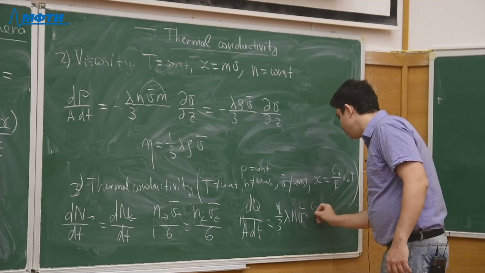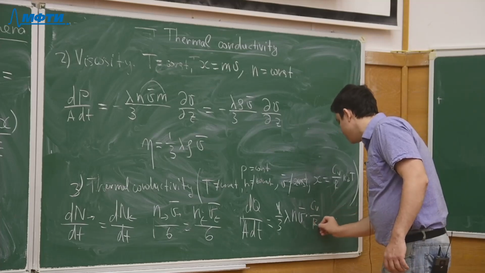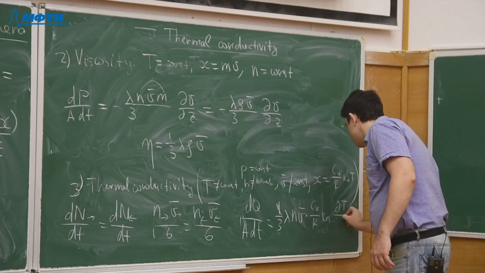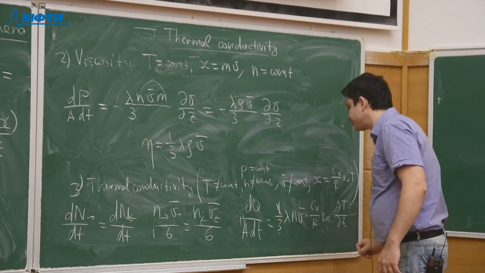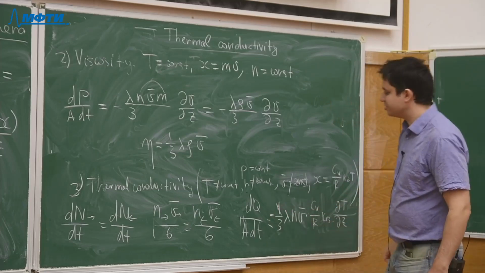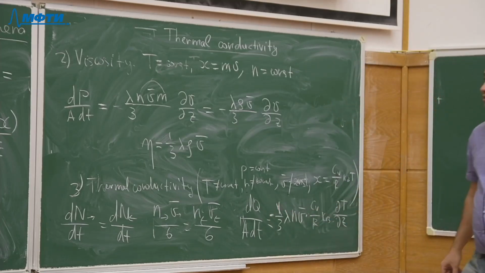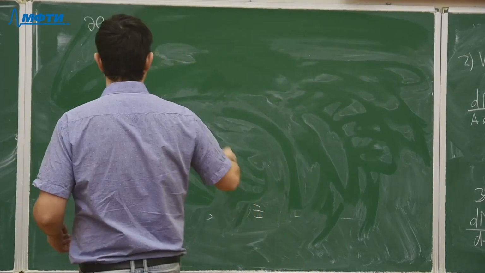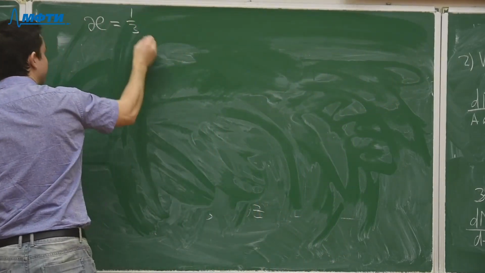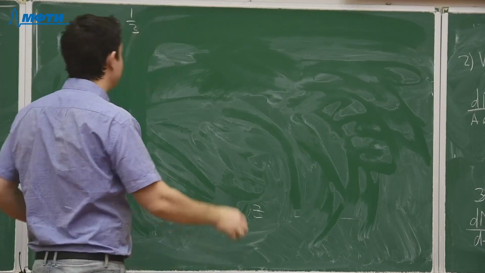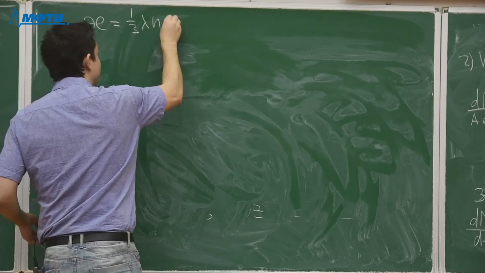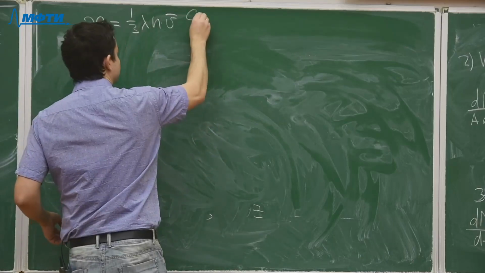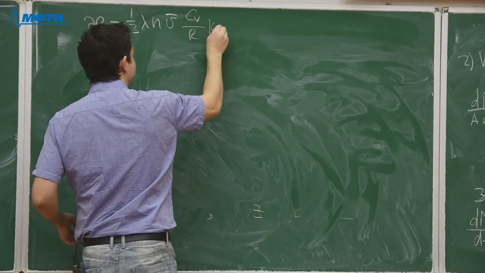This is Cv over R multiplied by Kb. And then goes the derivative of temperature over z, and also, of course, the minus sign here. So all of this equals 1/3 multiplied by lambda and mean speed, Cv over R times Kb.